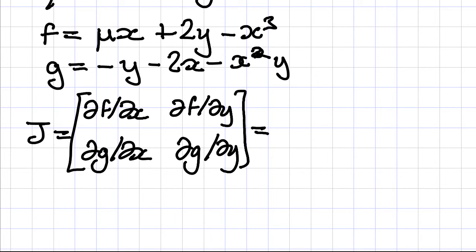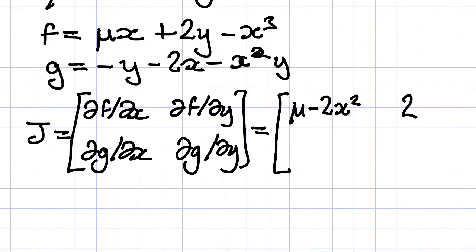So that's going to be μ − 3x², 2, −2 − 2xy, and −1 − x².